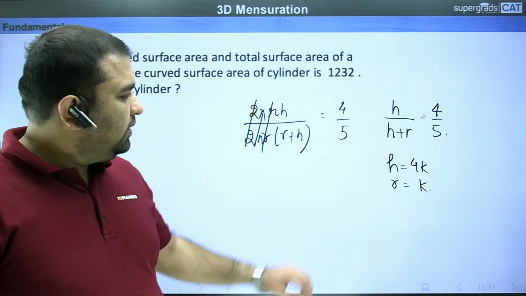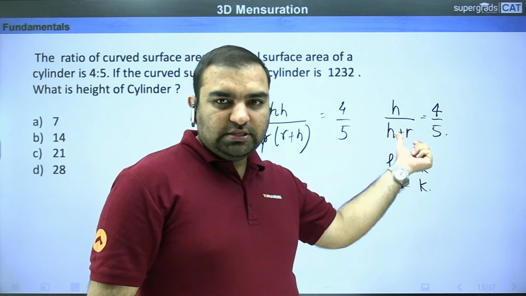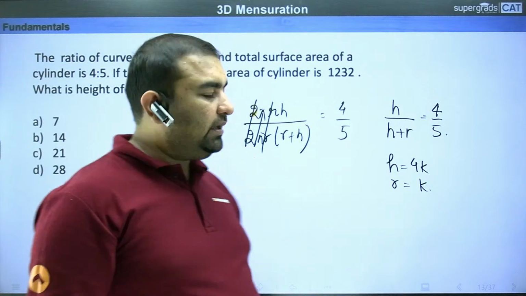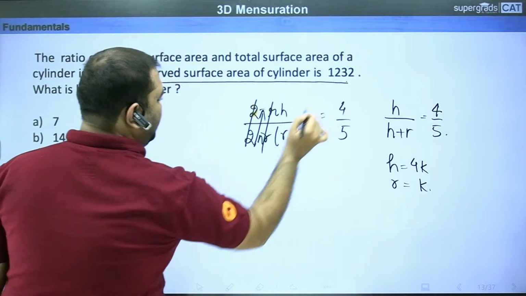Why? हाइट इज 4k and h plus r is 5k. h ऑलरेडी 4k है, तो फिर r is k. एग्जैक्ट वैल्यू ऑफ कर्व्ड सरफेस एरिया दे रखी है.